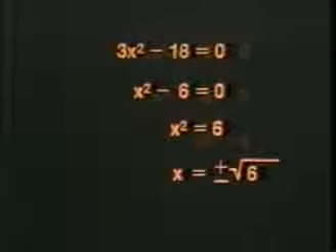Then I can either use common sense and say, if x squared equals 6, then x has to be the square root of 6. Or, same thing, I can take the square root of both sides of the equation, which gives me the answer. X equals the positive or negative square root of 6.